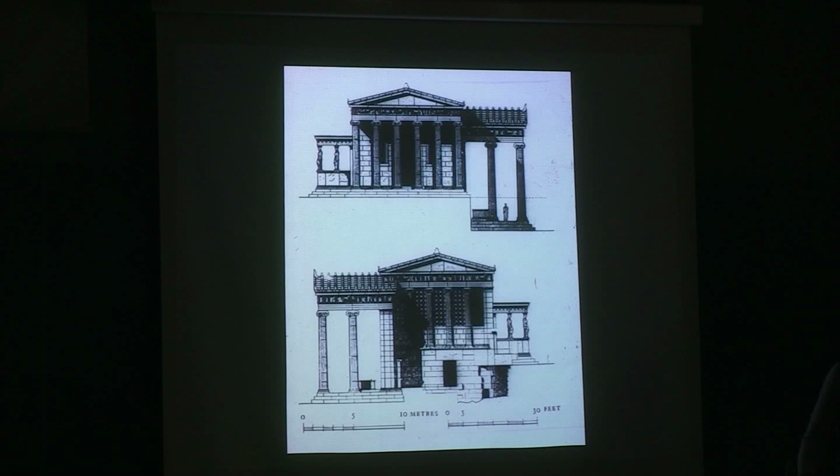And after this, Athens, through a period of relative peace, and then the accumulation of funds that had been collected for the navy to defeat the Persians, was now devoted to grand architectural projects.